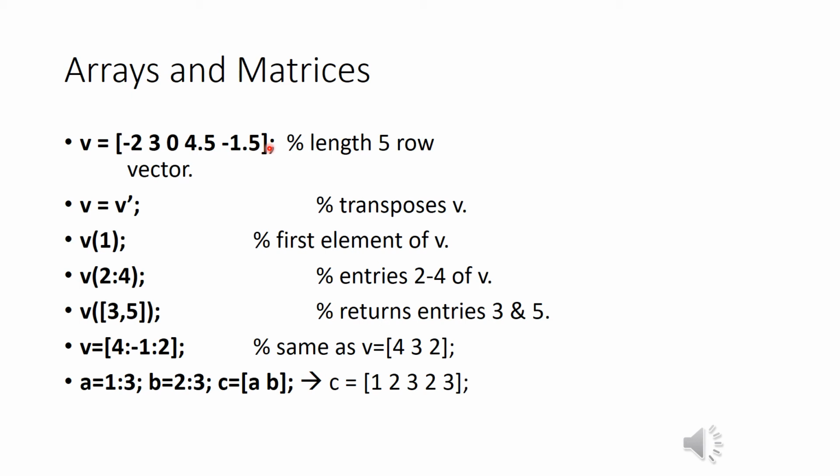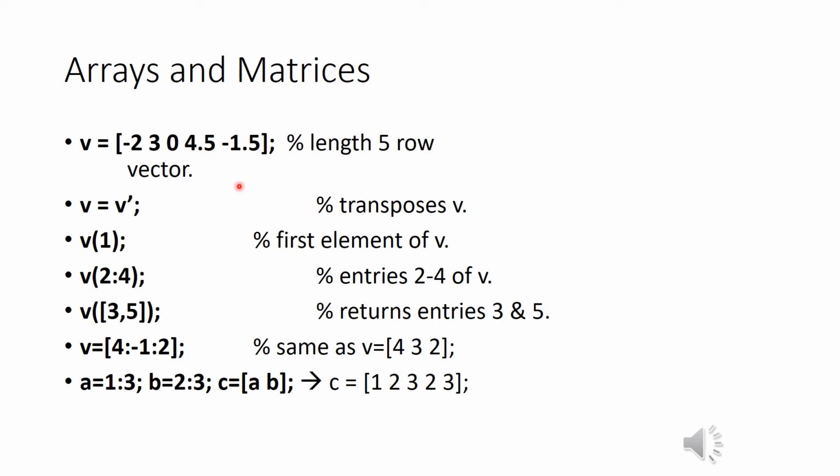If a matrix has only one row, then it is a row vector, and if your matrix has a single column, then it is a column vector. Here you can see a simple array with 5 elements, at positions 1 to 5.